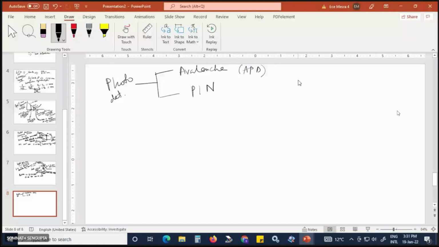It has high gain but requires large voltage. The PIN photodiode has low gain and low voltage.